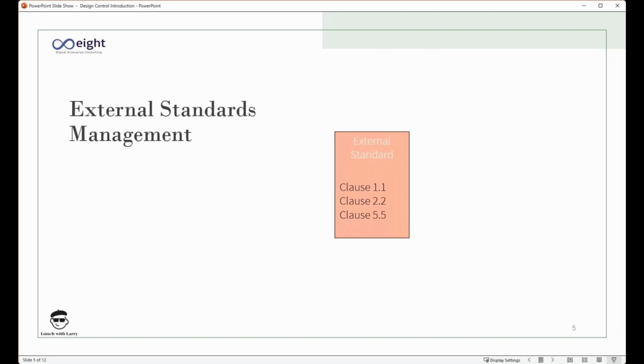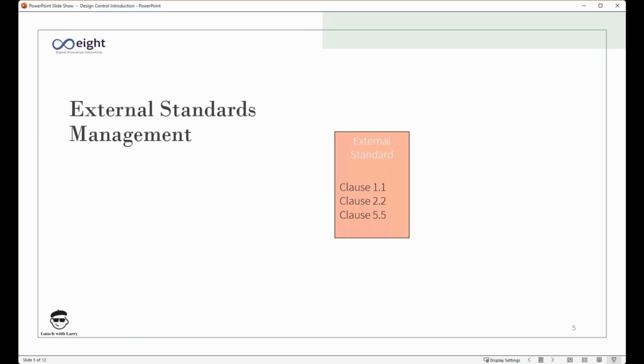Now, external standards. When we talk about external standards management, what I'm really trying to illustrate here is very often we have these external standards. I'm going to say ISO standards are an example of that, where we have either product specific things or maybe process specific things. So 11135 is the ethylene oxide sterilization standard. That's one example. But also if you're building a transcatheter heart valve, you're going to have a standard that's associated specifically with transcatheter heart valves, or 60601's electrical devices for med device, right?